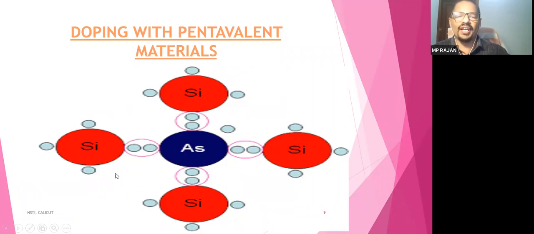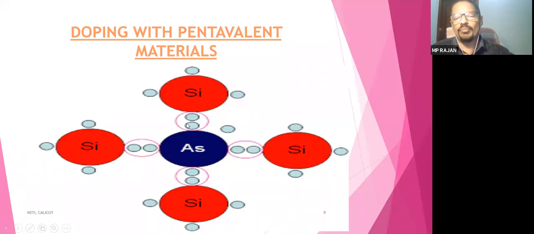The surrounding 4 silicon atoms require only 4, whereas arsenic has 5 electrons. The 5th electron is free. Now we are making one excess electron by doping the silicon with a pentavalent material like arsenic.